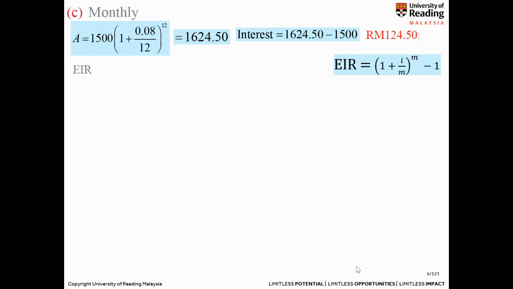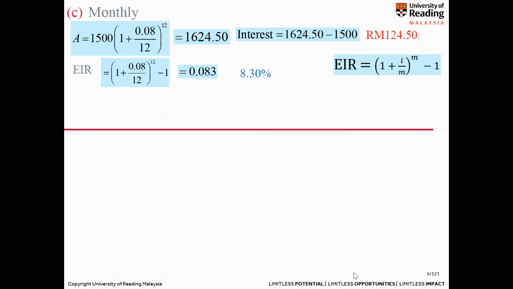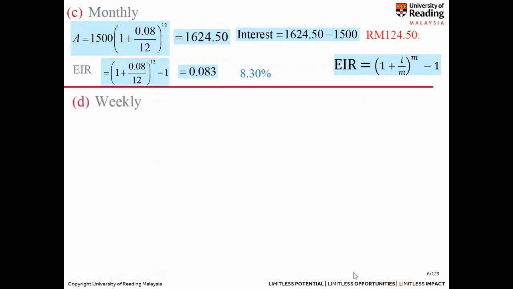The effective interest rate we work out is 0.083. That is 8.30%.